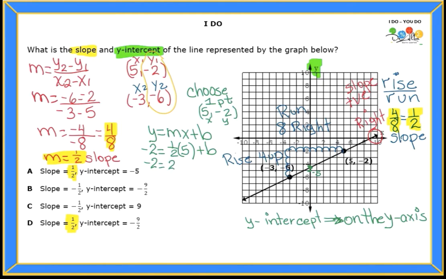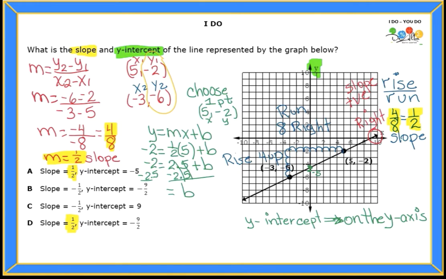Either one. So I'm going to say 2.5 plus b. Since I want to leave b by itself, I need to take away 2.5 on both sides. That would cancel the 2.5 on my right, leaving b by itself.